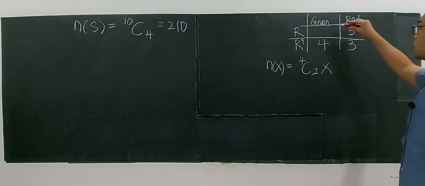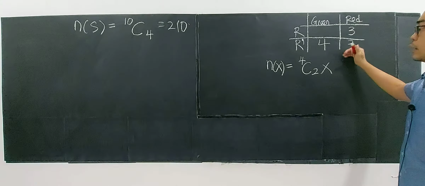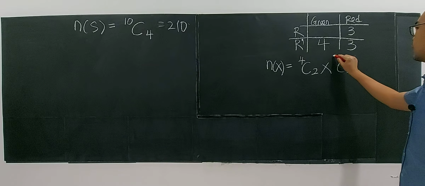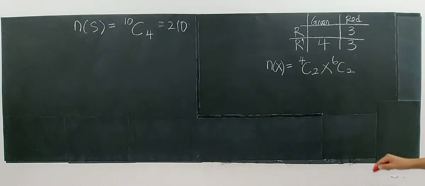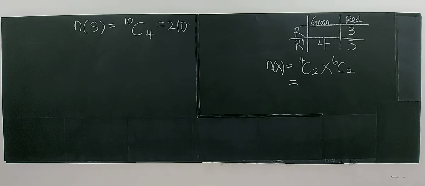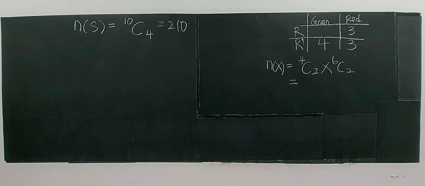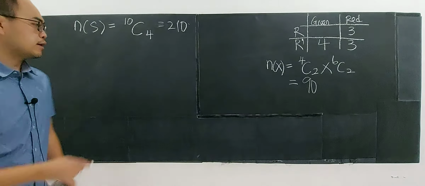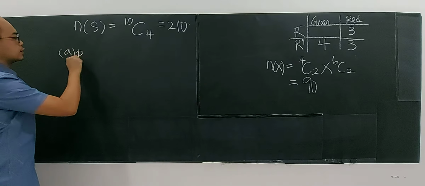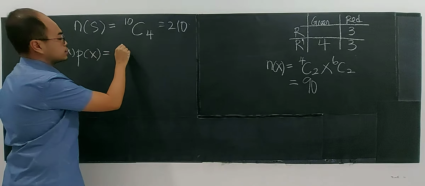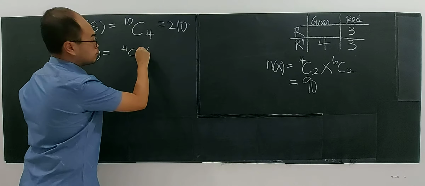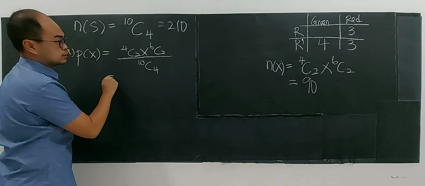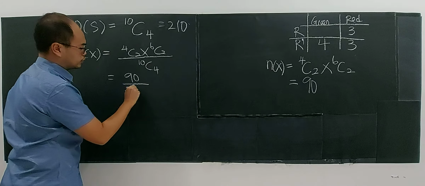And 2 are red. How many red? There are 6 red. They don't care whether they are rotten or not rotten. They said there must be 2 red. So it's 6 choosing 2, and you get 90. So the probability of the event X will be 4C2 multiplied with 6C2 divided by 10C4, which is 90 over 210.